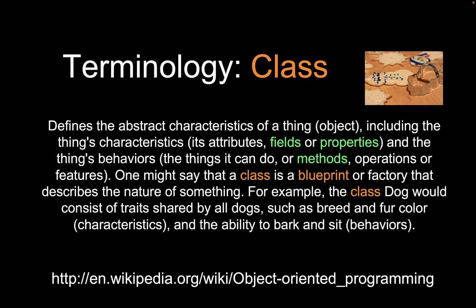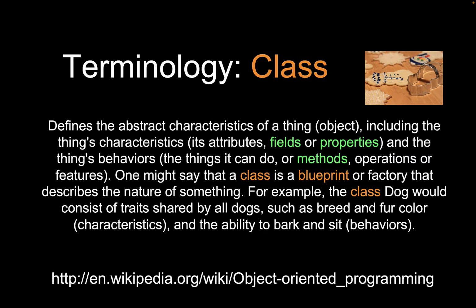He says or factory, but the word factory has a particular meaning in object-oriented talk, and it's a bigger concept than just a class being used as a blueprint or a template.